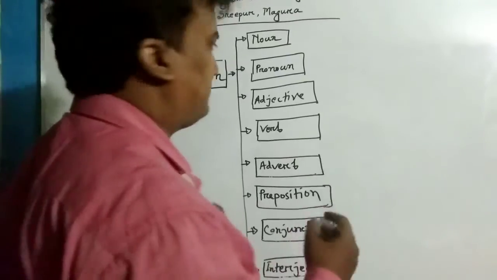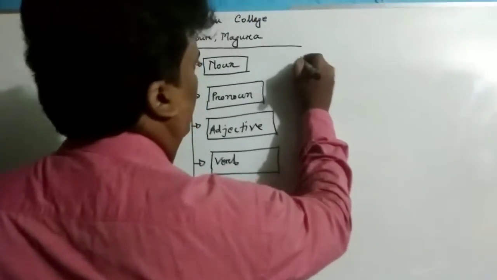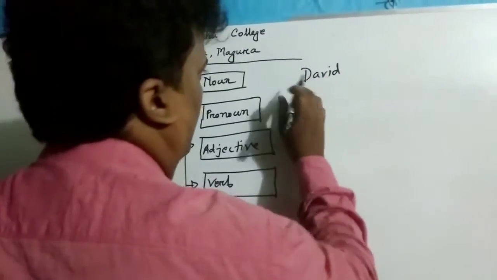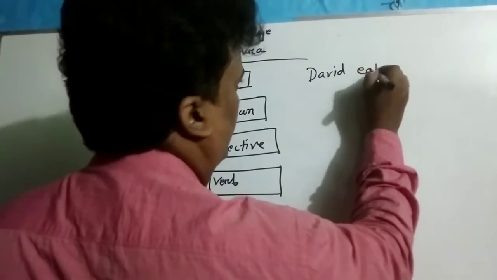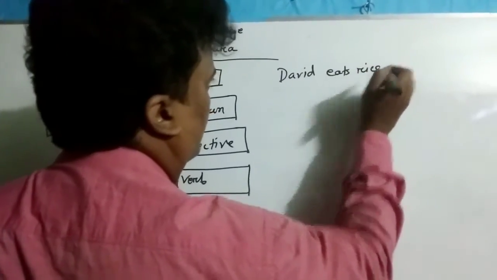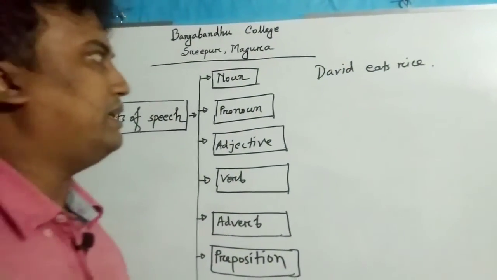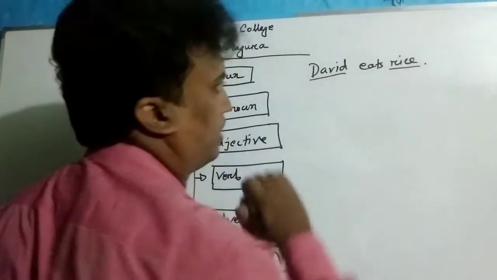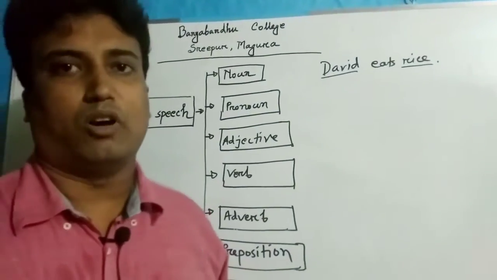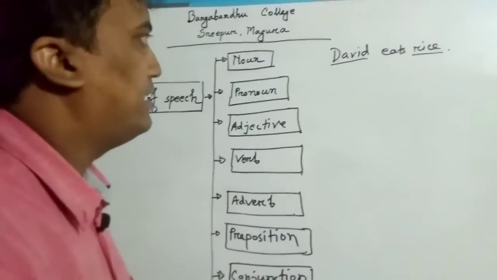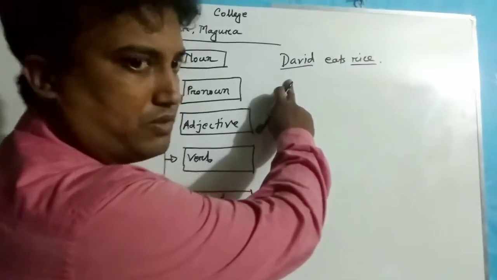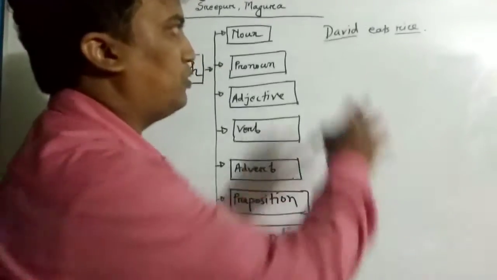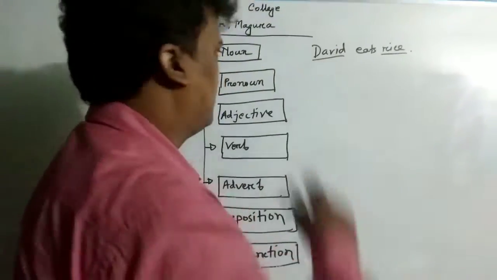So, for example, David eats rice. You see, the underlined words are examples of noun, because David is the name of a person and rice is the name of a thing. So I think these 2 words are examples of noun.